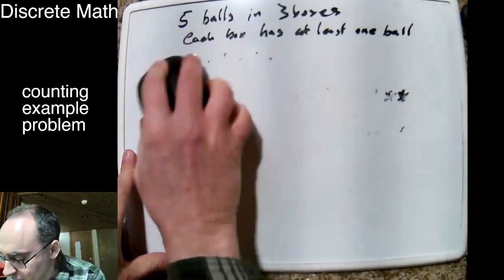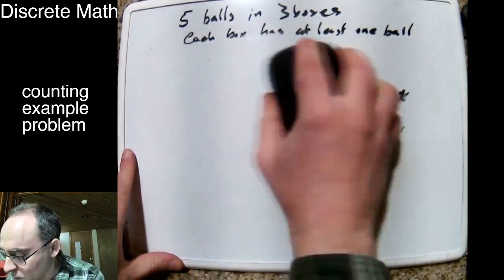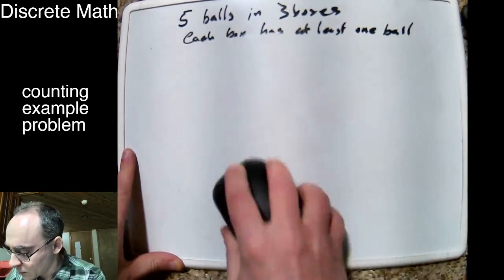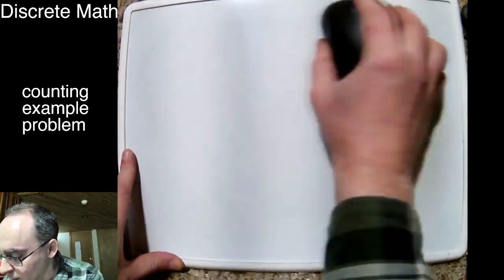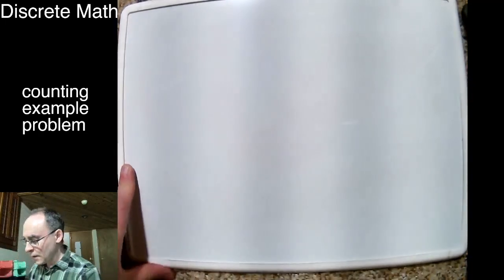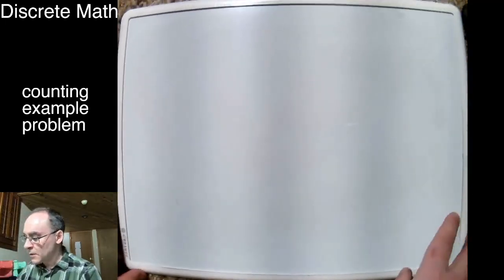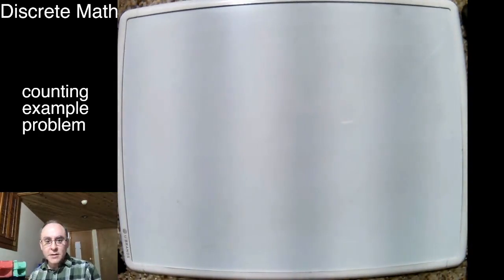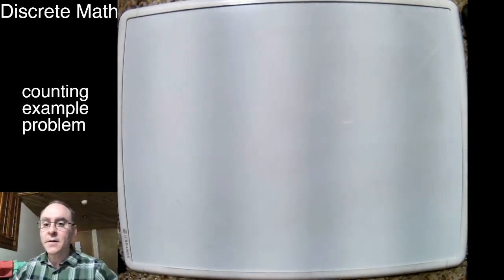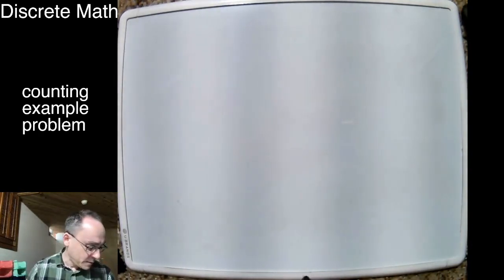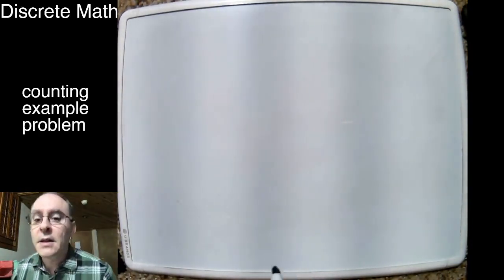But now we have to think about, okay, we've done all the cases where the balls are indistinguishable. But what if we start labeling the balls? I could give them letters or numbers or whatever, but let's start drawing this out and think about it, because we can use similar arguments to work it out.